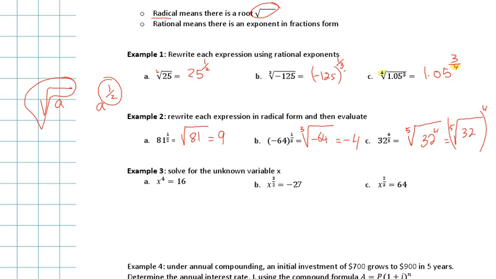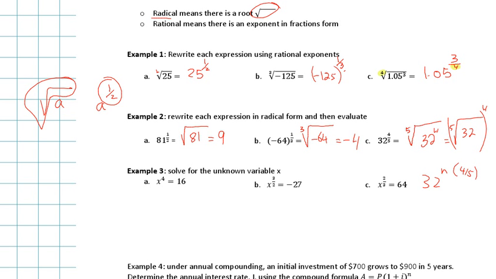And no matter how you enter it in the calculator, it's going to give you the same answer. Okay? So in the calculator, you can enter 32 to the power of, and then open bracket 4/5. You must open the bracket.